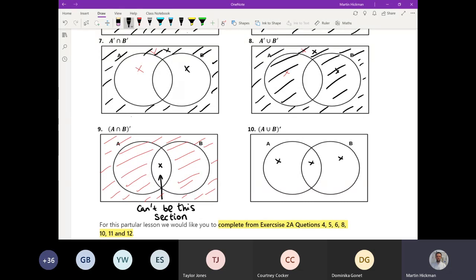But here what I'm doing is ignoring the dash, thinking about where A or B happens. See, again, it can't be this. Okay, so it can't be these sections. So I'm just going to shade everything that isn't that.